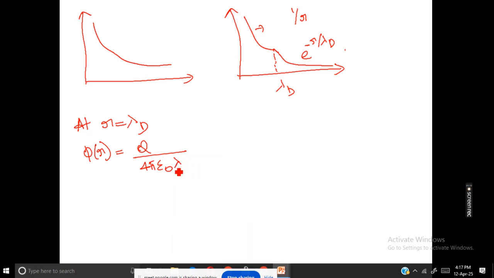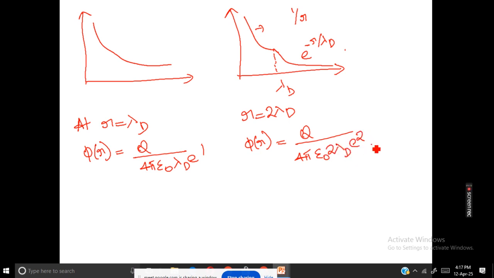And then for r equal to 2 lambda d, the potential will reduce to phi of r equal to q by 4 pi epsilon 0 into 2 lambda d into e raised to minus 2. It keeps on decreasing as the distance is increasing.